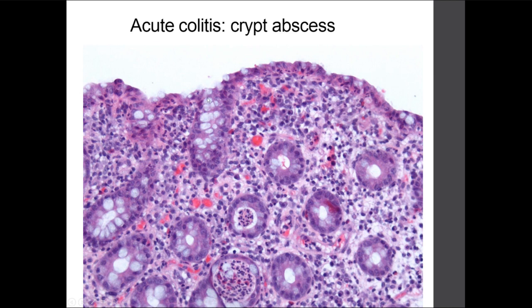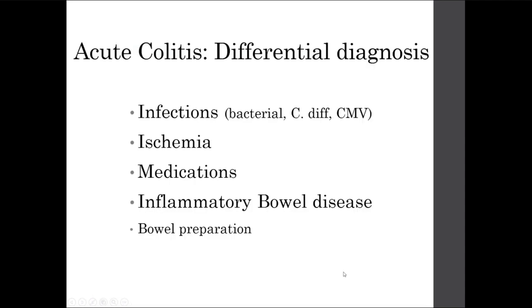There's many times epithelial injury on the surface as well, a very cellular lamina propria, and these cases evolved to have full thickness ulceration many times. So what is the differential diagnosis? Infections, ischemia, medications, inflammatory bowel disease are very common.